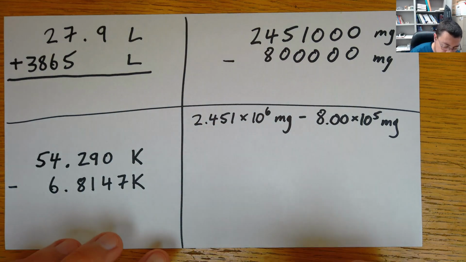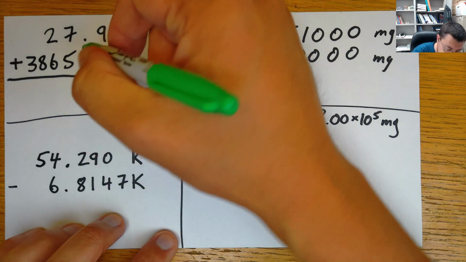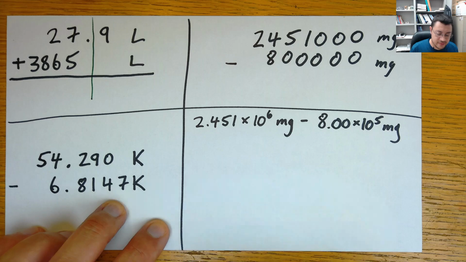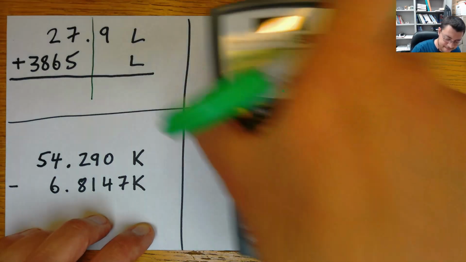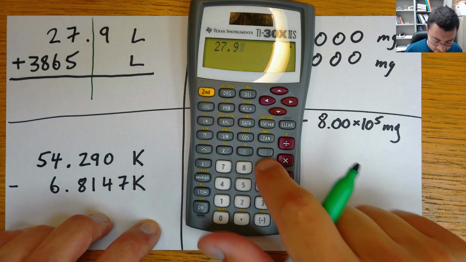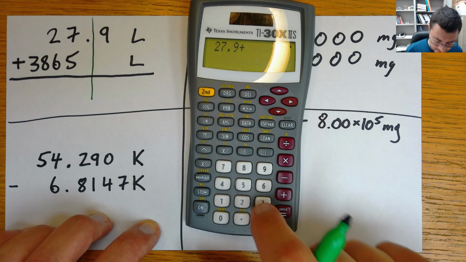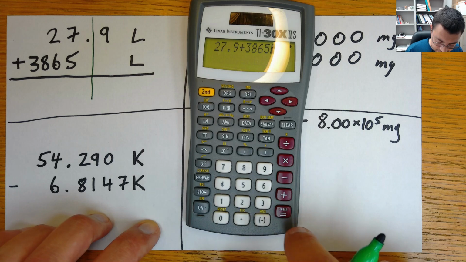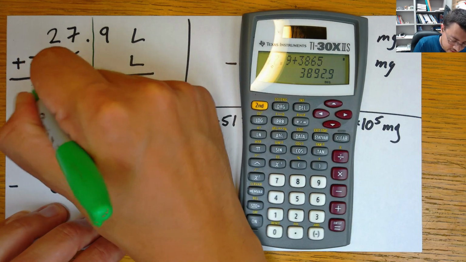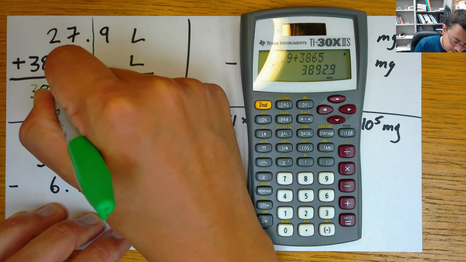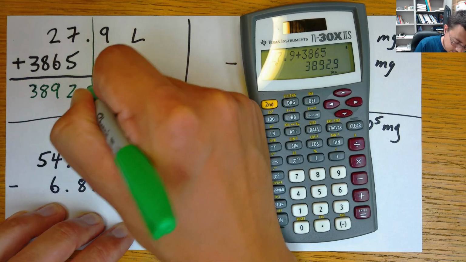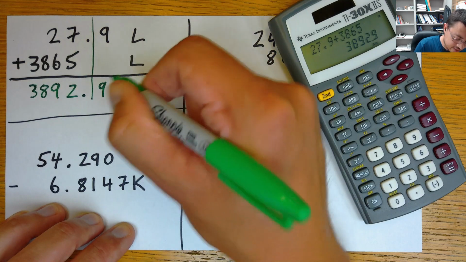Okay, so common sig figs here and right there. Okay, 27.9 plus 3865. 3892.9 liters.